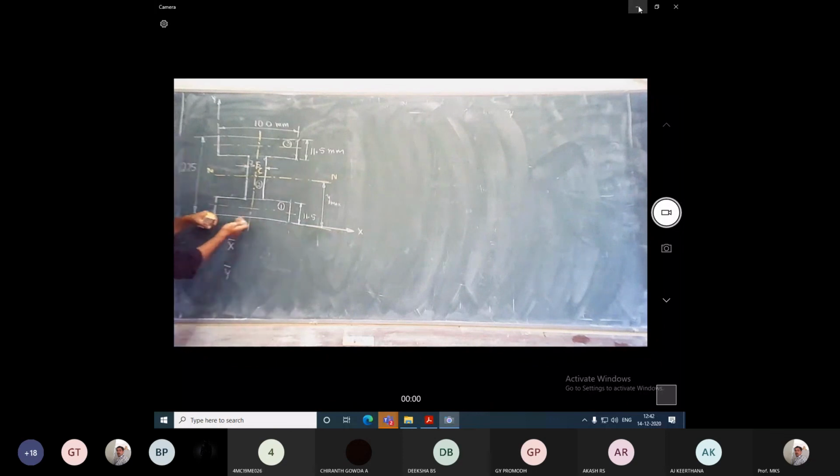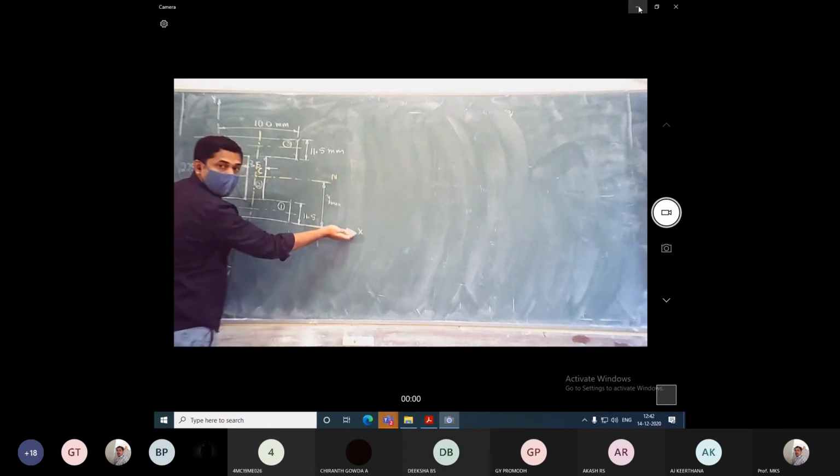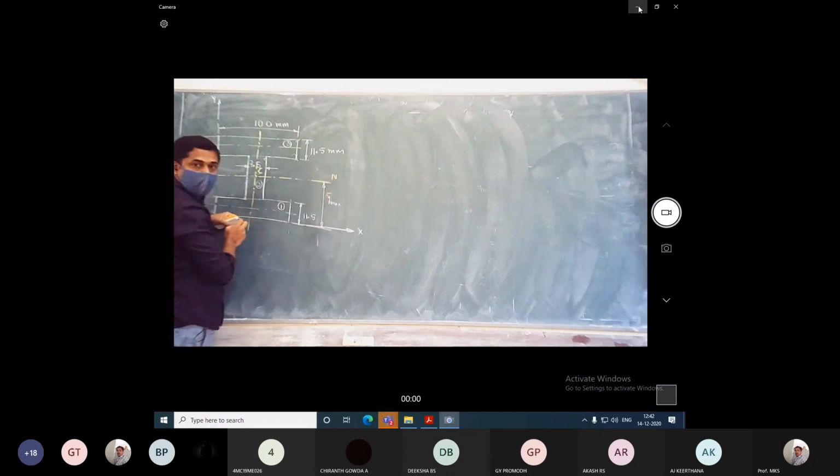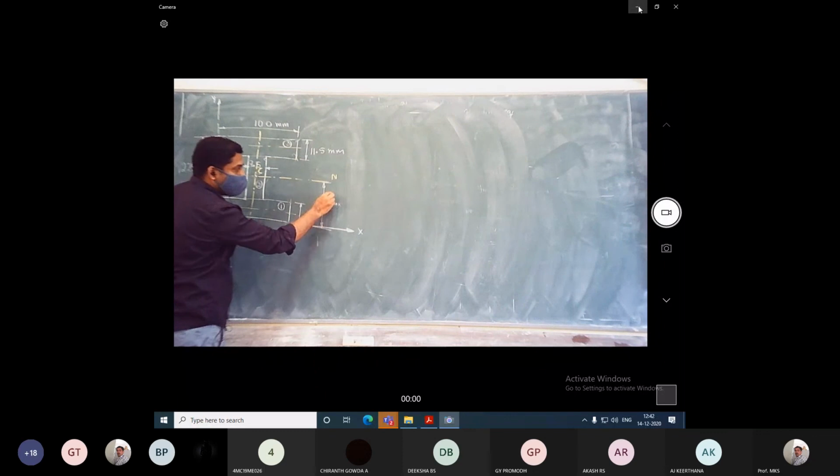With respect to the x-axis, I will get the y bar distance, which is this y maximum, and with respect to the y-axis, I will get the x bar distance. That is the location of the point C.